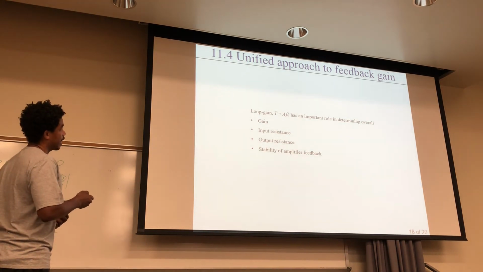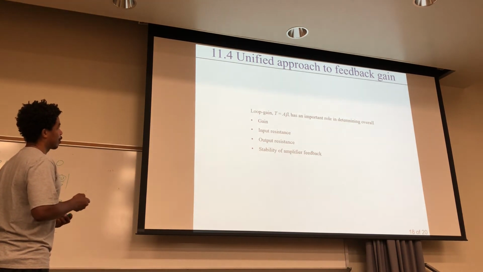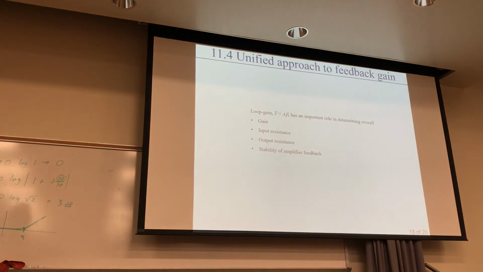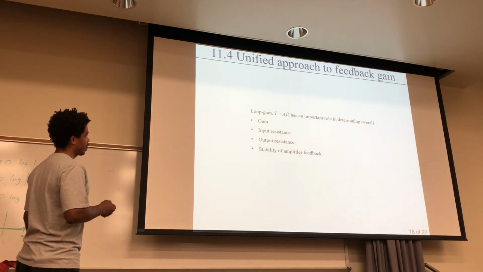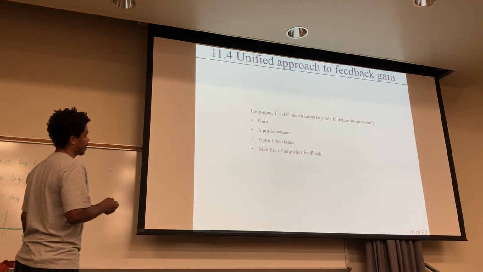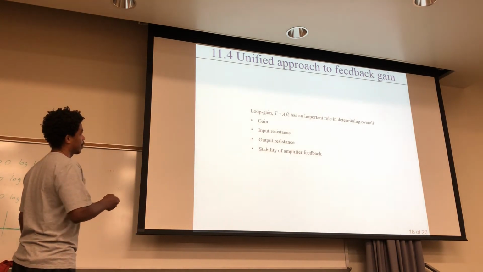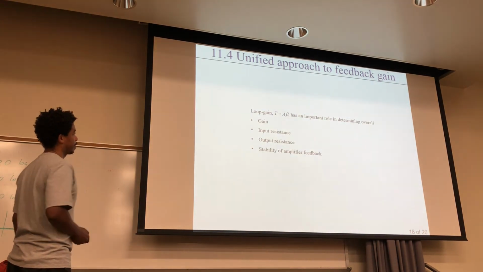T has an important role in determining the gain, the input resistance, the output resistance, and even though we haven't done this part yet, we'll do that very soon. It has to do with the stability of the amplifier feedback. So it all has to do with the loop gain T.